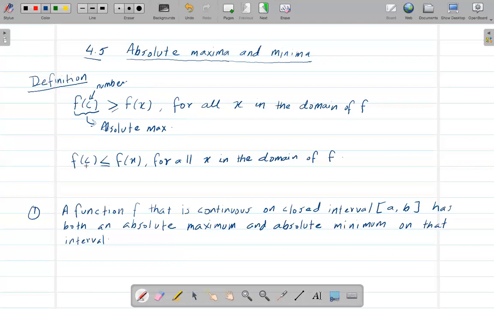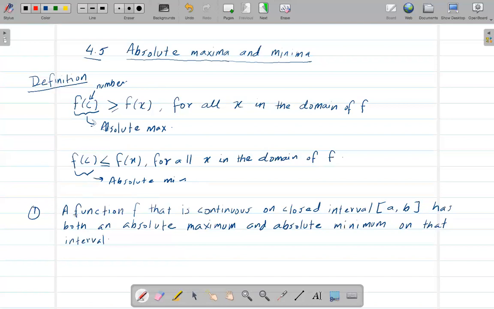Similarly, if it's less than or equal to, then this whole thing is the absolute minimum, or absolute min.